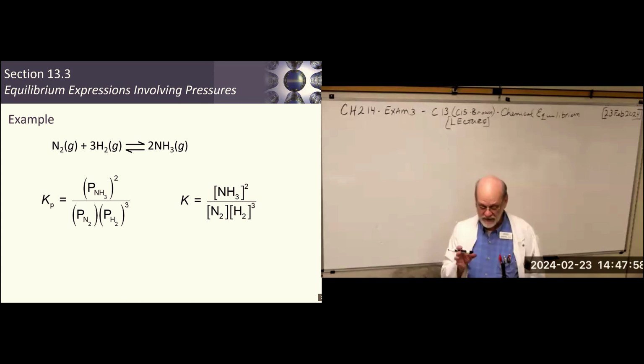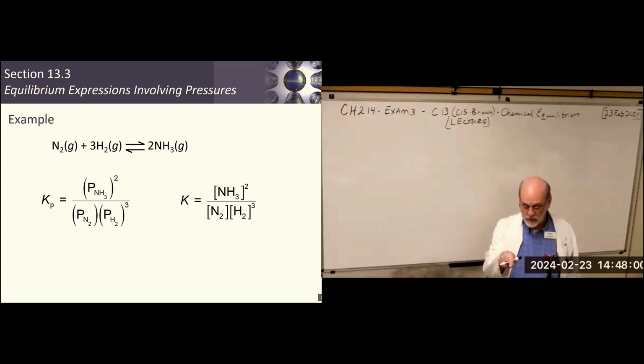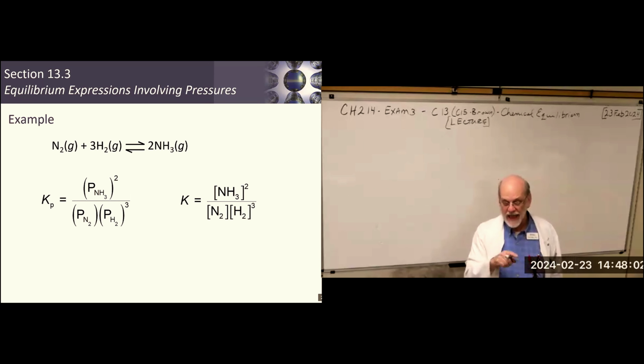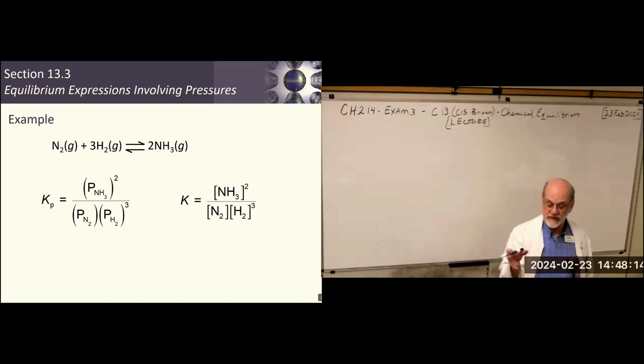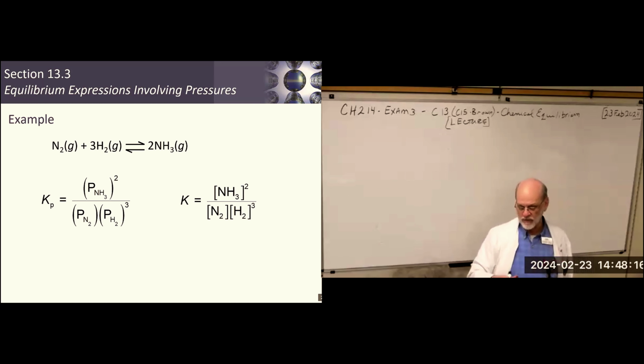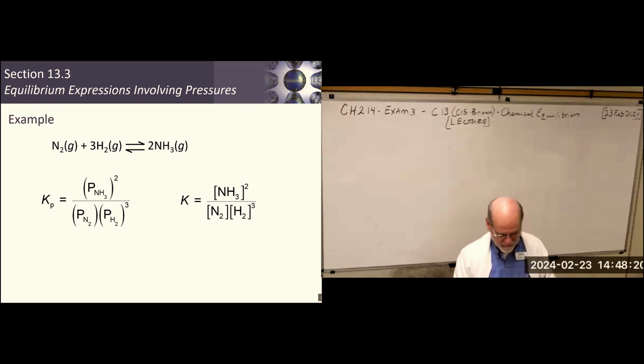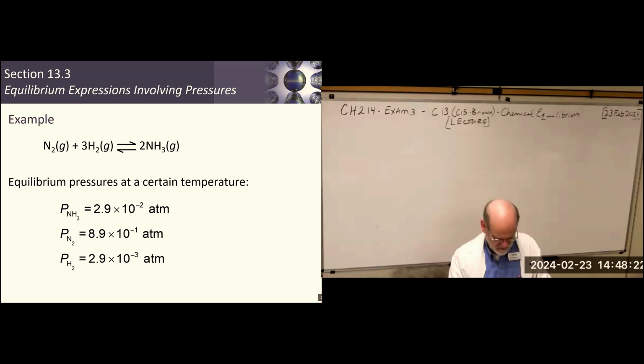And that would give us a K value as long as we know what those concentrations are at equilibrium. We could also write it in terms of partial pressure because all reactants and products are gases. So the partial pressure of ammonia to the second power, and so forth. But they are related. And I think the next slide should show us.